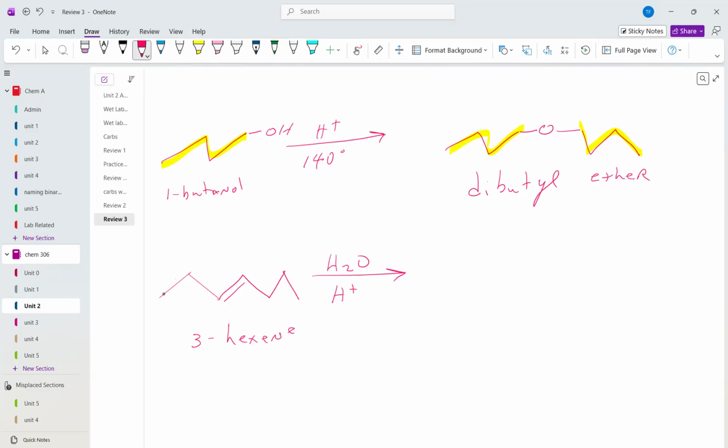Let's do that instead. So we're going to get a mix. If you notice on your flow chart, you'll see expect mix. So that means we're going to have OH here and OH here. Those would be the two alcohols we generate because the OH is going to be on either side of the double bond.